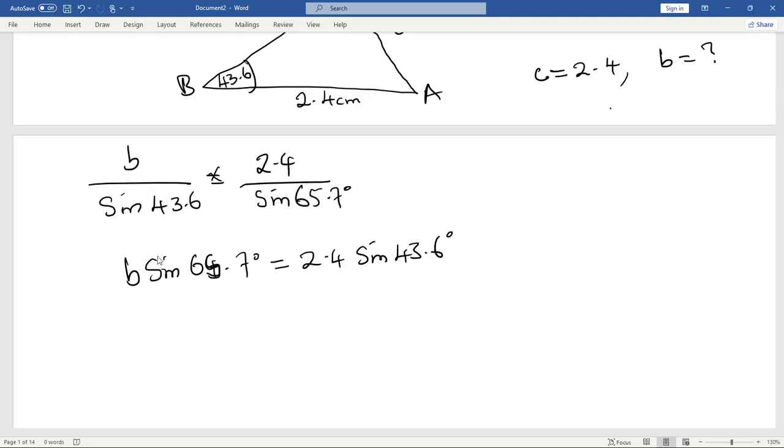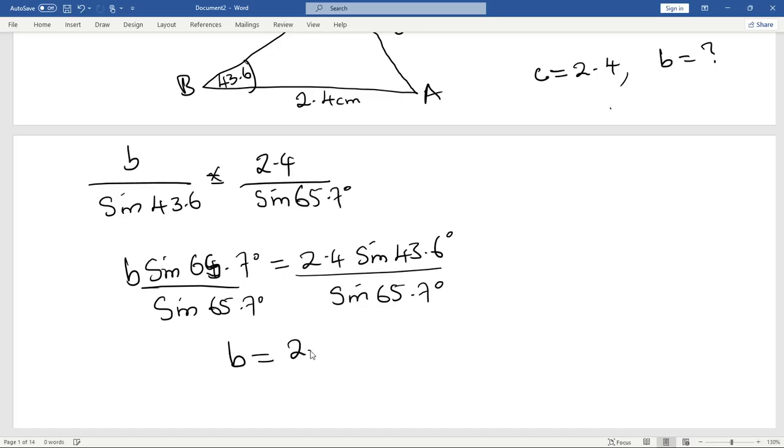We are solving for b here, so we divide by sine 65.7 degrees on this side and also on this side. Therefore b will be equal to 2.4 sine 43.6 divided by sine 65.7. So let's go ahead and punch these numbers on the calculator.